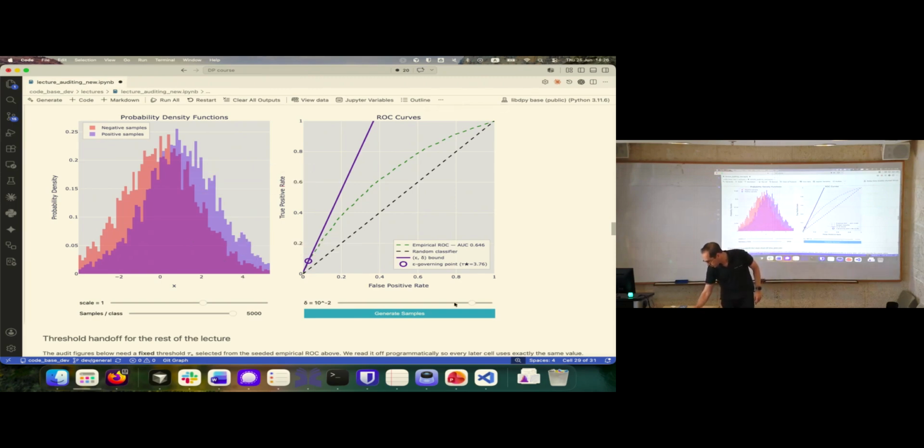If I start decreasing delta, you see, this is now nearly the first point. And if I move it further, the epsilon will become infinity because I'll have an extreme one. So let's see. Even with 5,000 examples, I can move further, and then at some point here, now it's infinity.